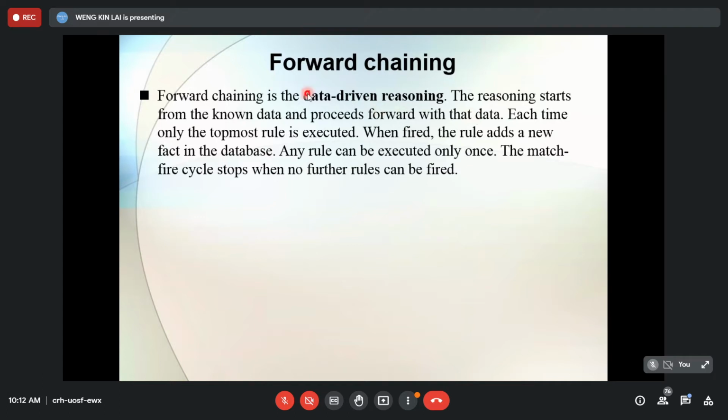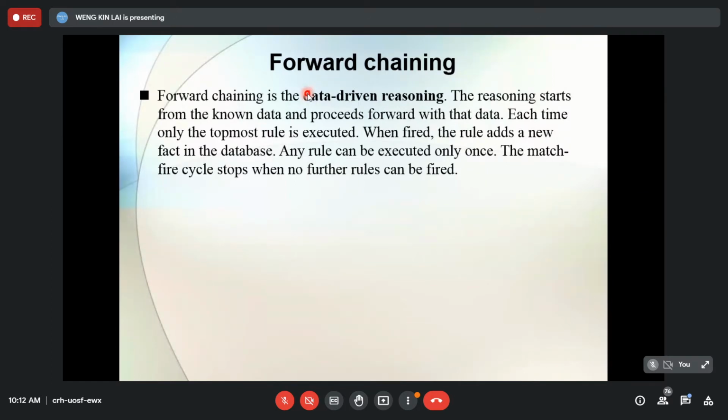Forward chaining is data-driven reasoning, right? Because you have your data, you have your rules. So you need to make sense of your data based on the rules. The rules capture the knowledge. It's something that we talked about in great detail in the previous section of this lecture. So you have the data and you have the rules.